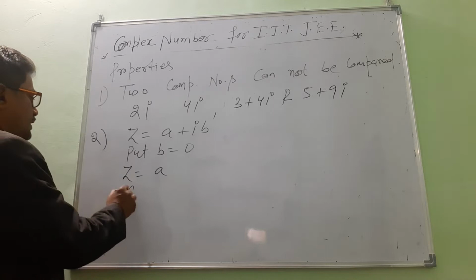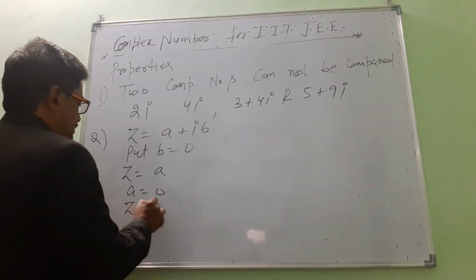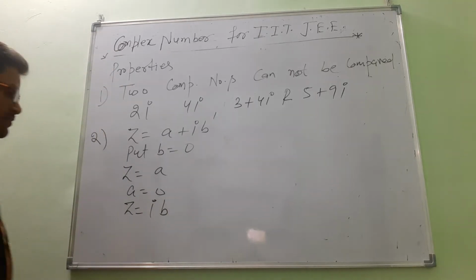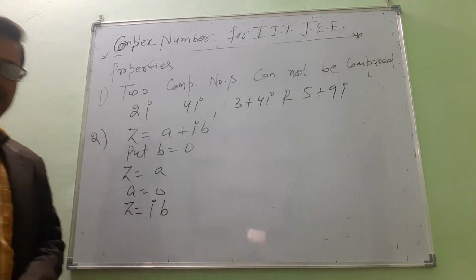If we put a equals 0, then we get z equals iota b, which is a purely imaginary number. So real numbers and imaginary numbers both are included in z.